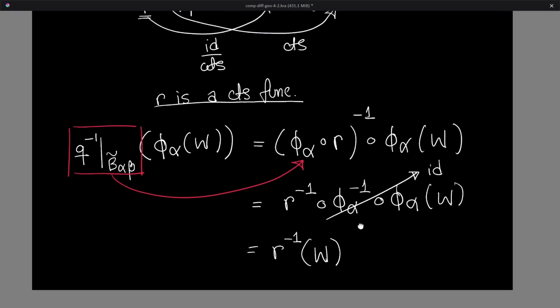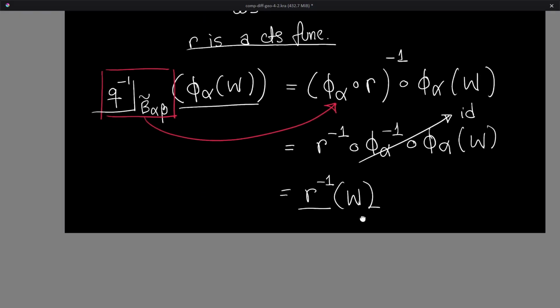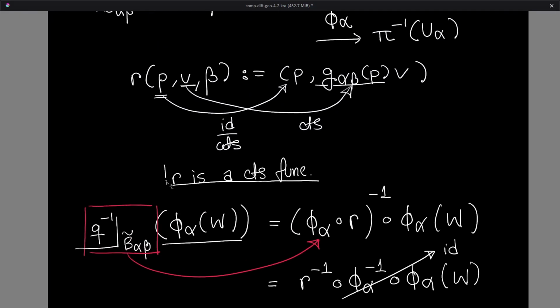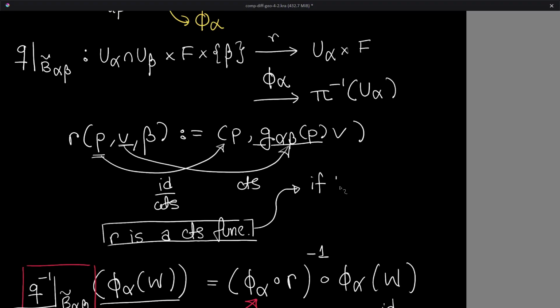Oh, that's very interesting. R inverse of W is the same thing as the intersection that we want to look at. We know that R is a continuous function, which tells us exactly that if W is open, then R inverse of W is open.